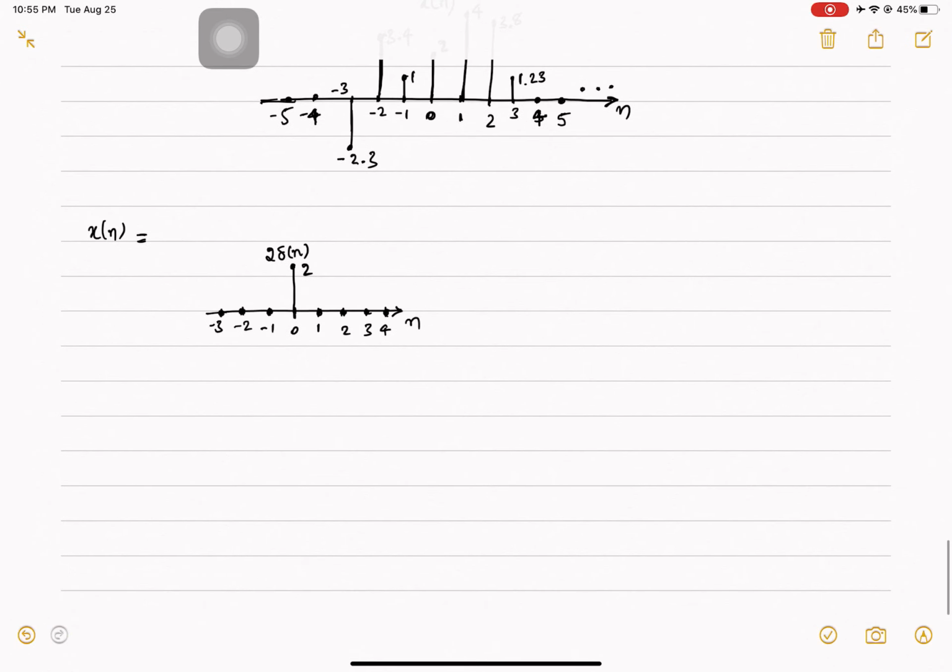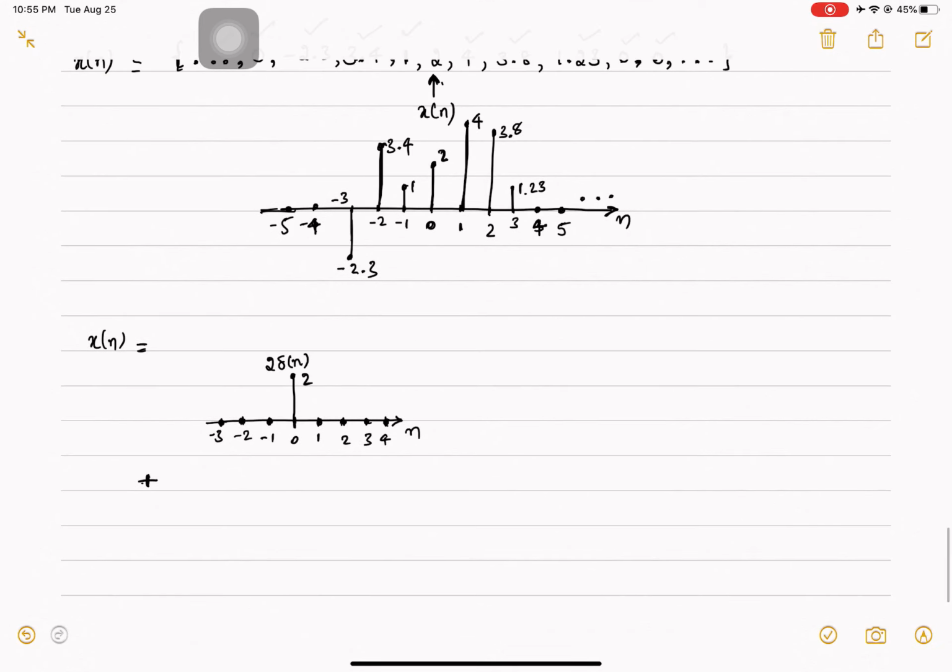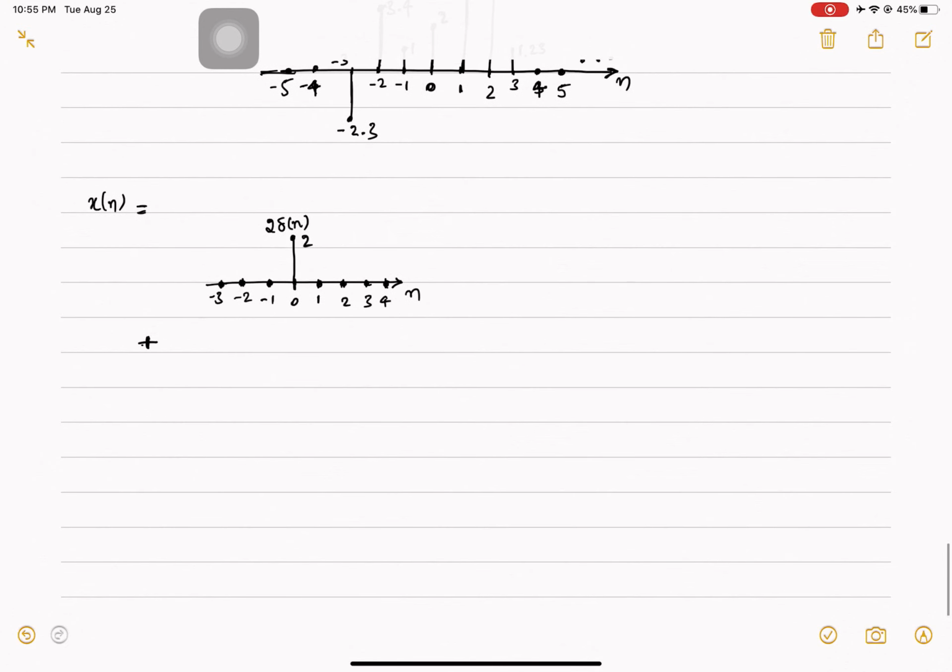Okay, next to this, what I'm going to do is add another sequence, a time shifted sequence, which is 4 times delta n minus 1. Now, this delta n minus 1 has a value of 1 when n minus 1 is equal to 0, right?